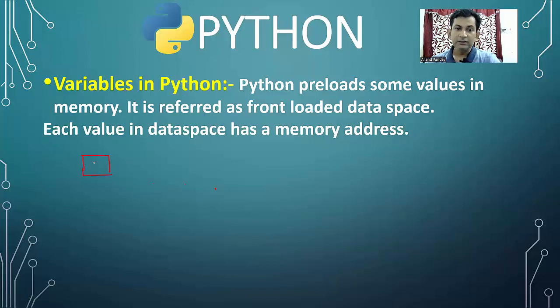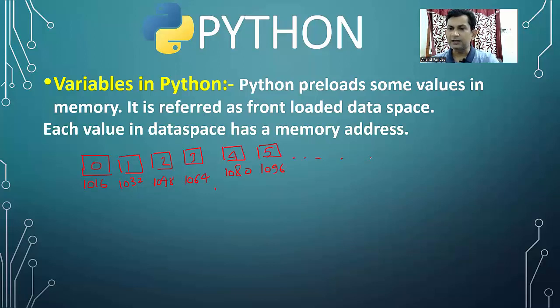So consider 0, and the memory address of 0 is 1016. Consider 1 is stored at 1032 and 2 is stored at 1048. Consider 3 is stored at 1064. Consider 4 is stored at 1080 and 5 is stored at 1096.